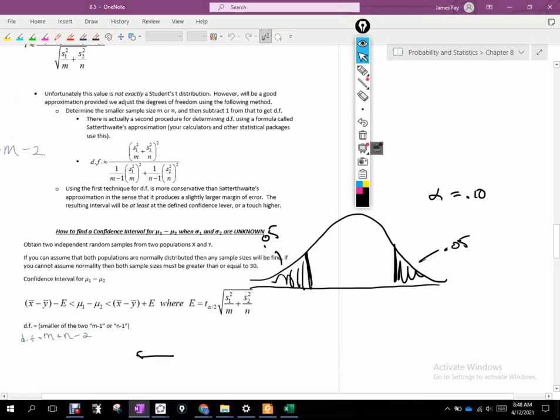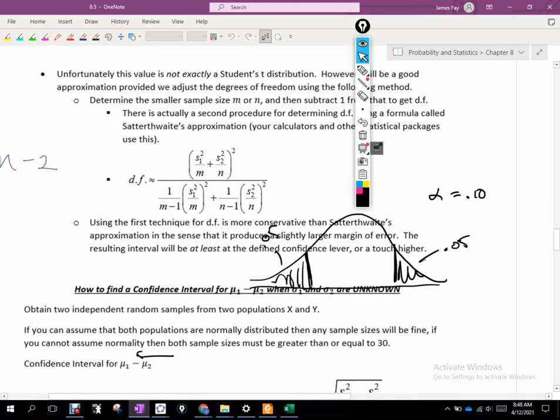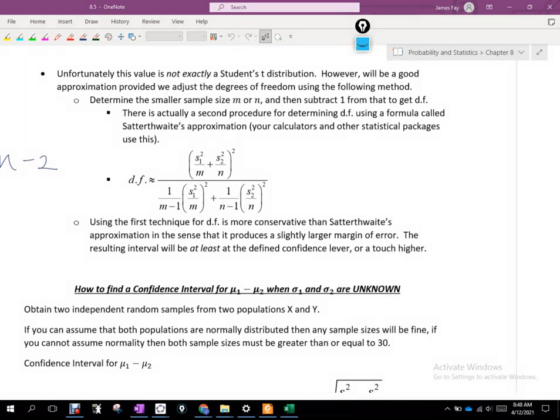All right, so this was section 8.5. There was a discussion about using what's called the Satterthwaite's approximation to find the degrees of freedom in a situation where you're using the t distribution for the difference of means.